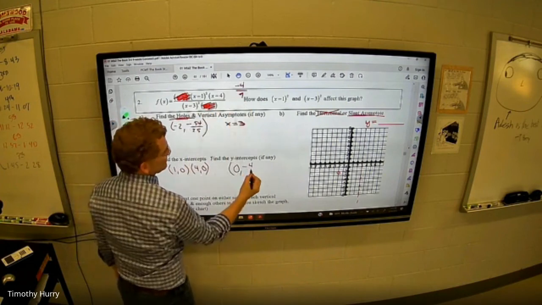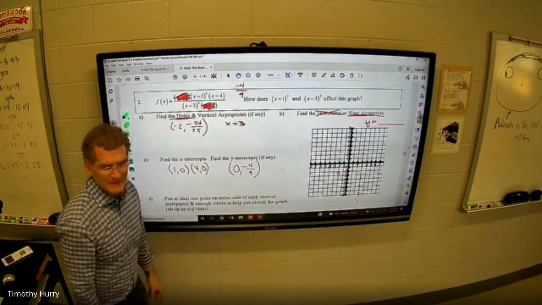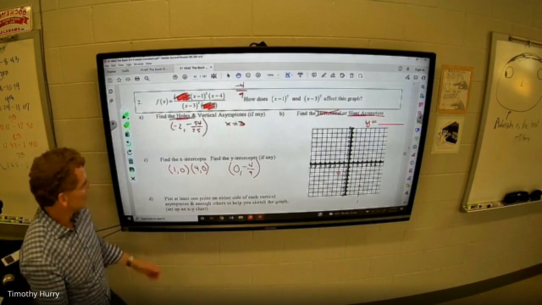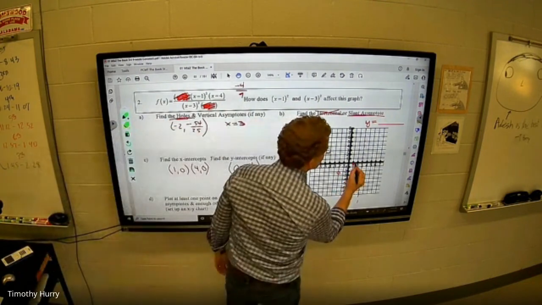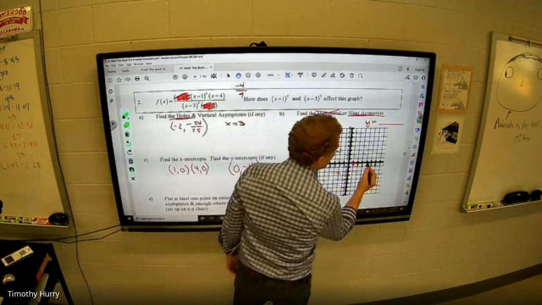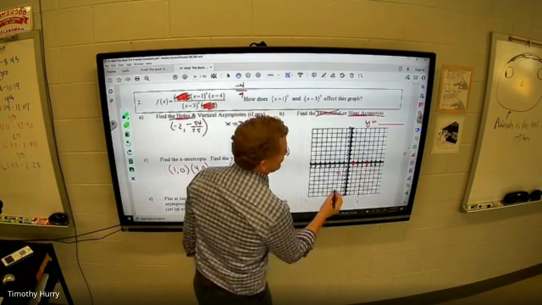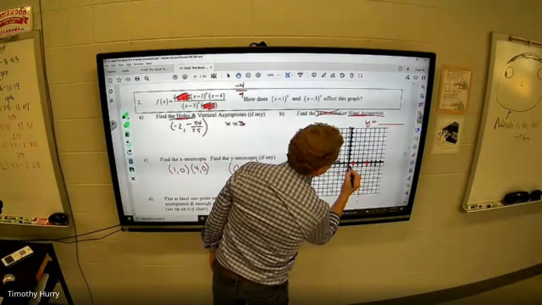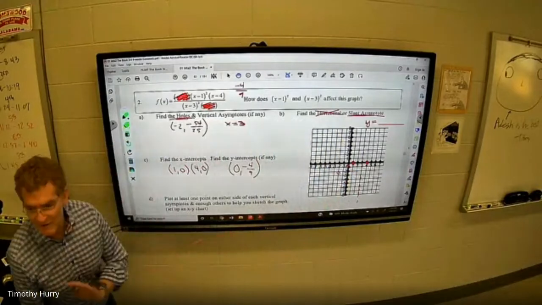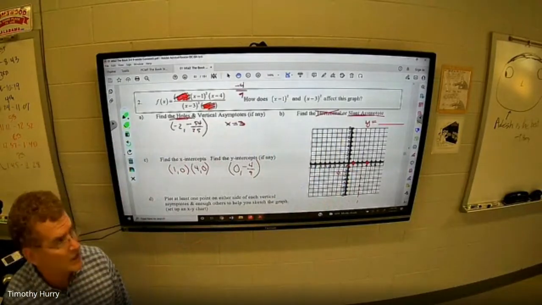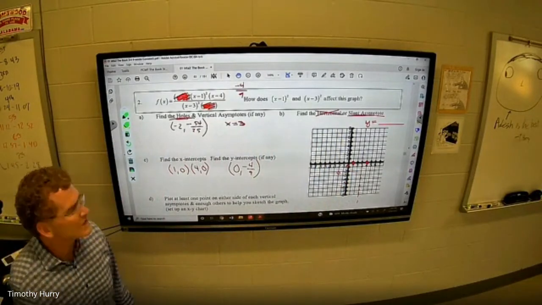What does that tell me? Maybe close to -0.5. So I've got a point at 1. I've got a point at 4. I've got a point at -0.5. And I've got a slant somewhere in there that I have to go back and find. Now, this is what I wanted to talk about before this bell rings. What does this mean?